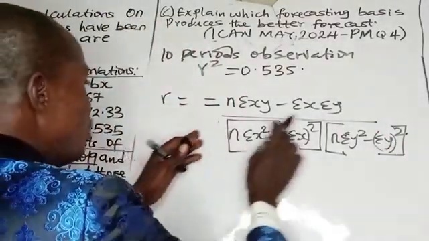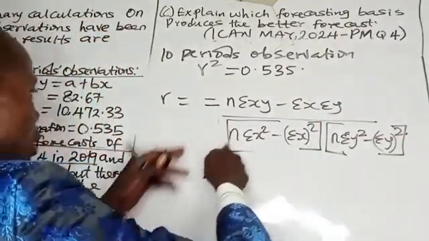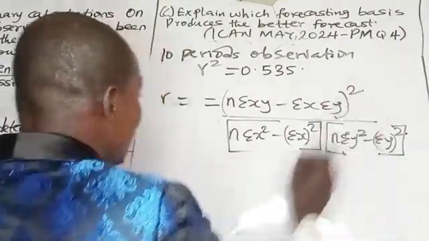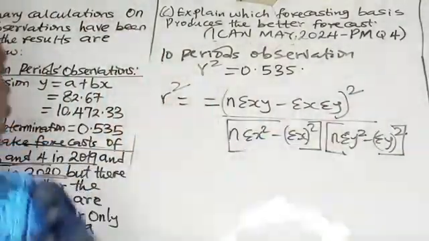But when you square it, the square root will disappear, and the numerator will also be squared. So that means the R squared will be this.